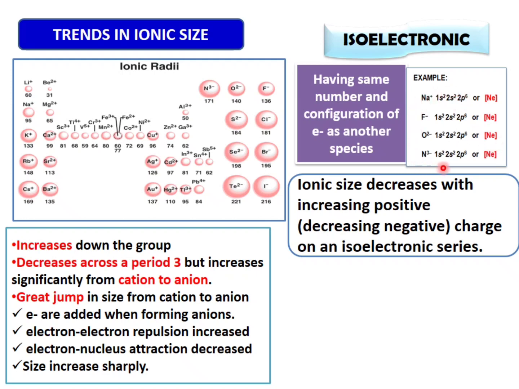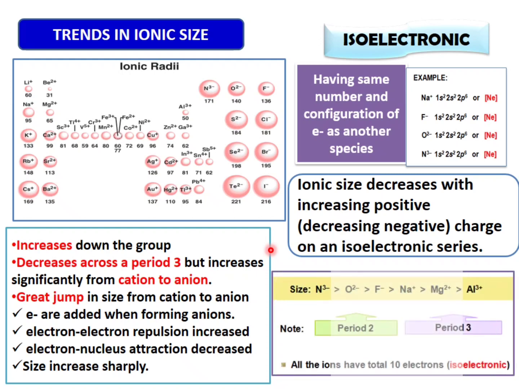Sama nampak tak keempat-empat ni kelas. So sodium ion, fluorine ion, oxygen ion and nitrogen ion, we can classify all these species as isoelectronic. Boleh nampak?